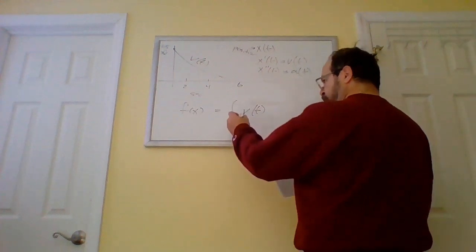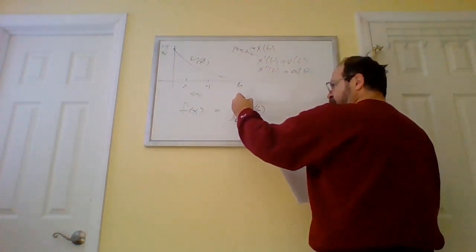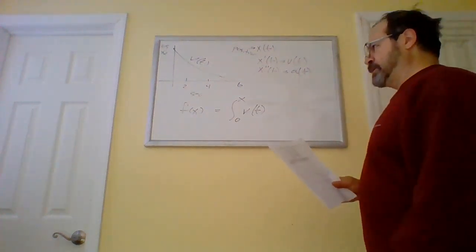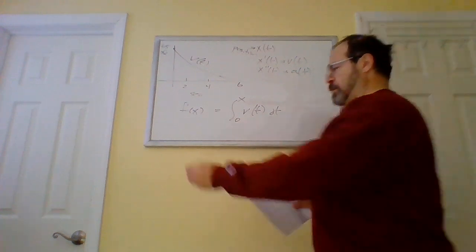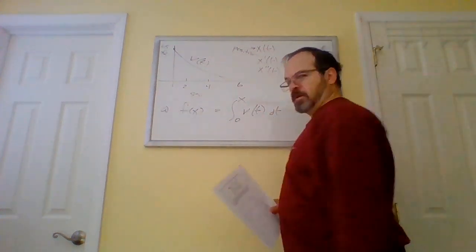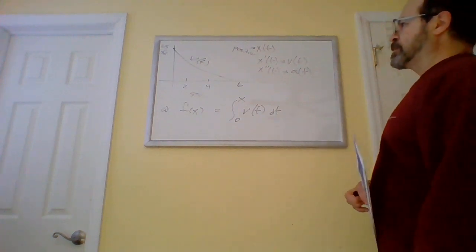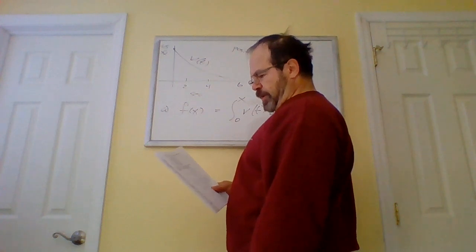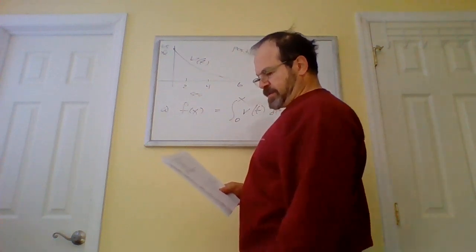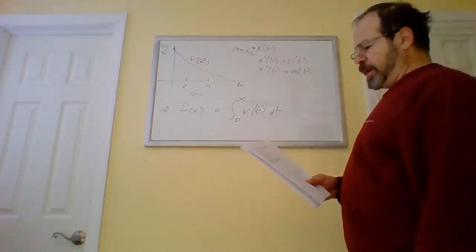And this integral is going to start at 0, and it's going to end wherever the upper bound is. Okay? So now what's happening with this? And what does this represent? F represents the distance traveled by the car after the brakes are applied.